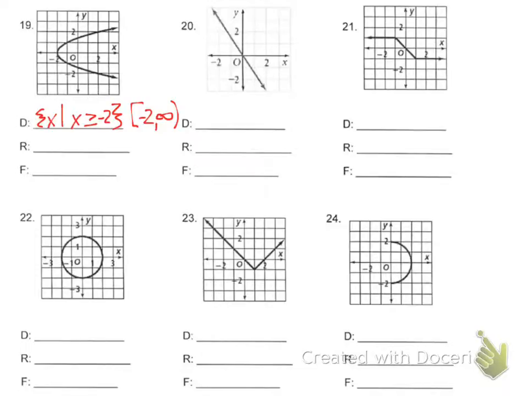That means it goes on forever in both directions. So y such that what? Y is all real numbers? I'm okay with that. Y such that y is all real numbers.